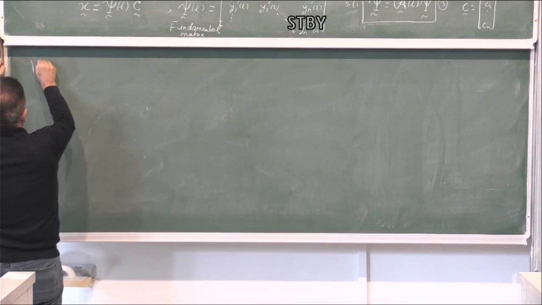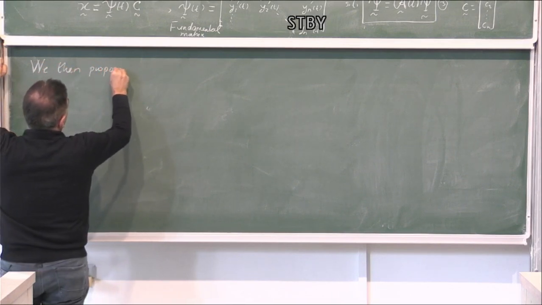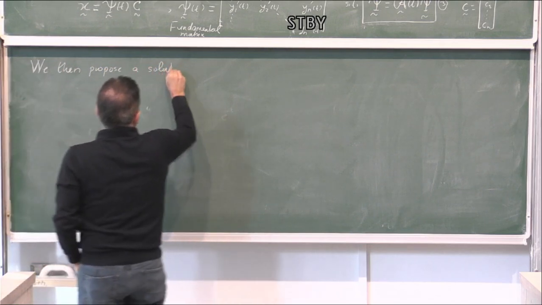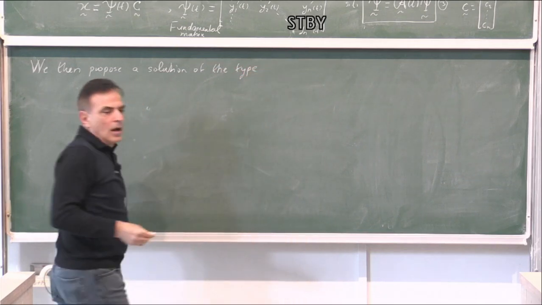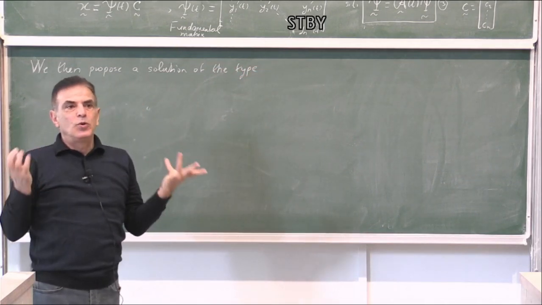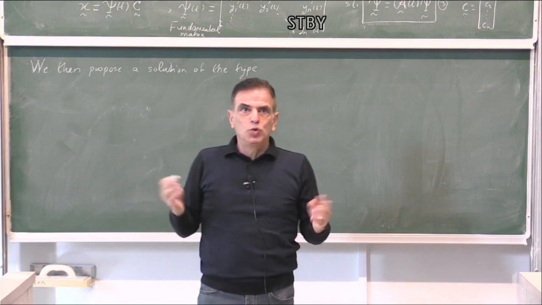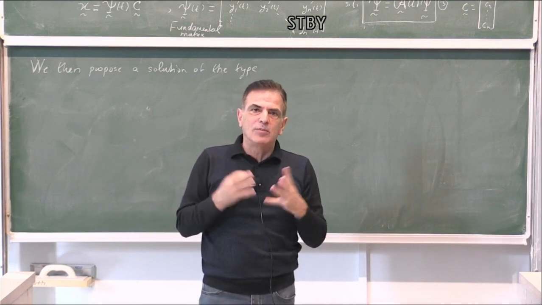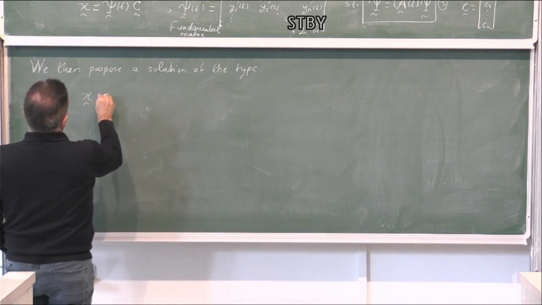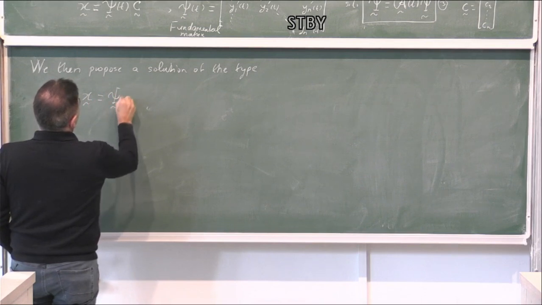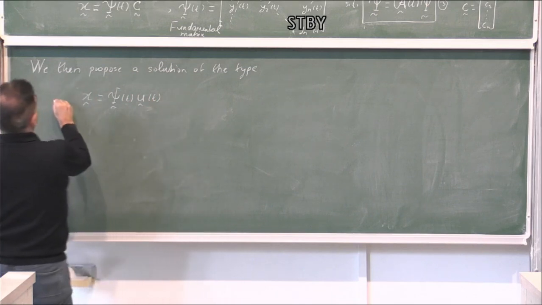Now, we then propose a solution of the type. I'm trying to remind you the method, what we call the variation of parameters, which is used to find a particular solution for a system of n first order ODEs. Okay? We propose a solution like Phi of t times u of t. Good.